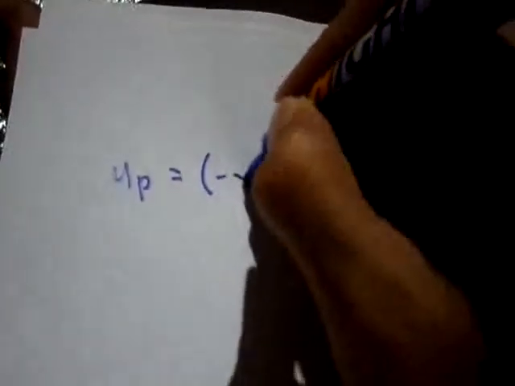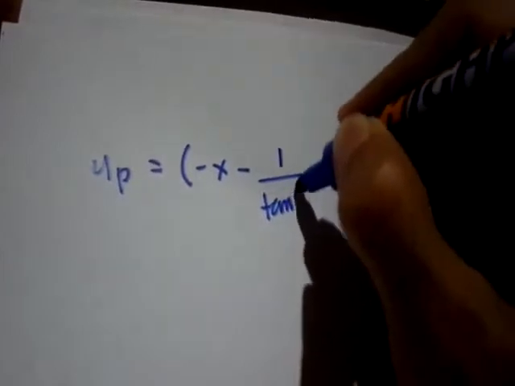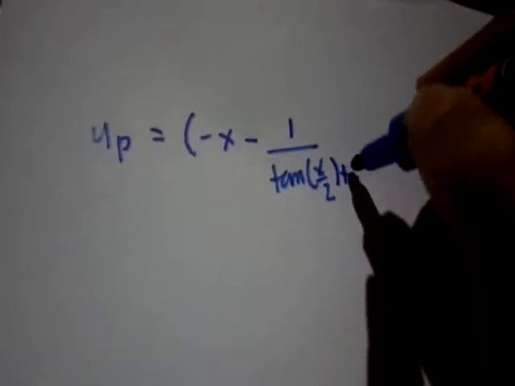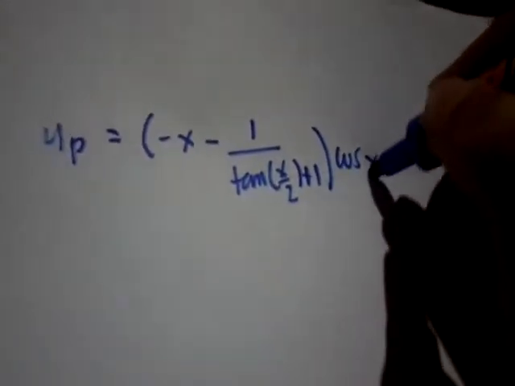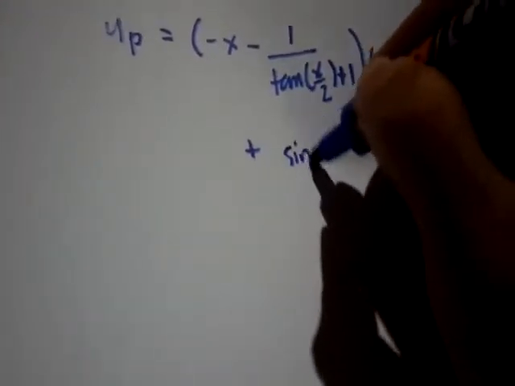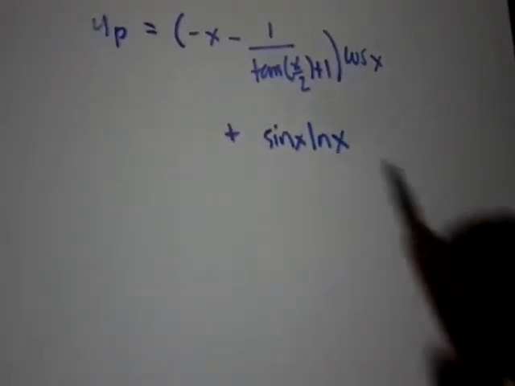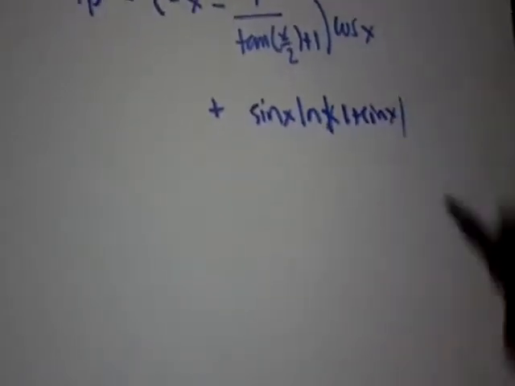So our yp is equal to negative x minus 1 over tangent x over 2 plus 1, times cosine x, plus sine x ln of 1 plus sine x.